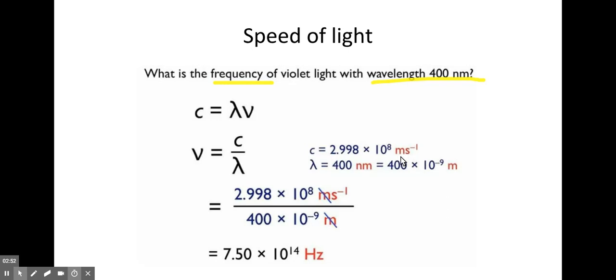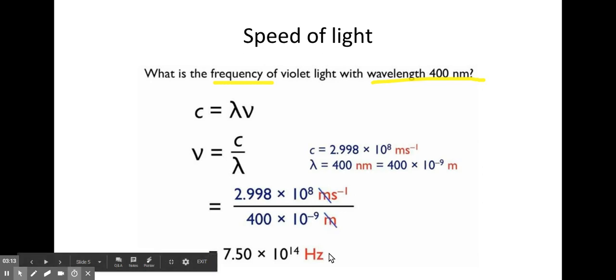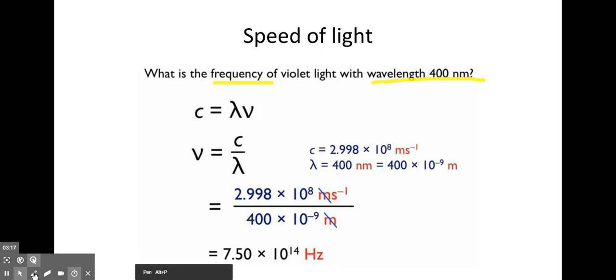Because the speed of light is in meters per second, to get those meters to cancel, our wavelengths are always going to have to be converted to meters if they are not already. So we make this conversion from nanometers to meters and plug in c and lambda, speed of light divided by the wavelength, and notice the meters cancel, and we are left with frequency expressed in hertz.